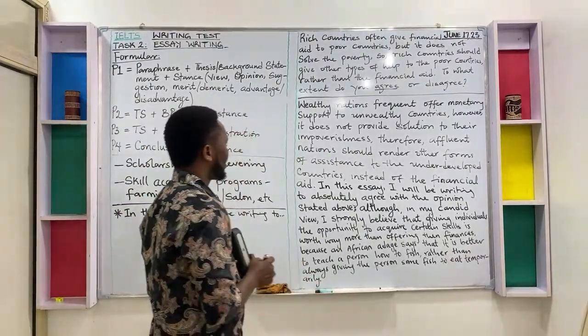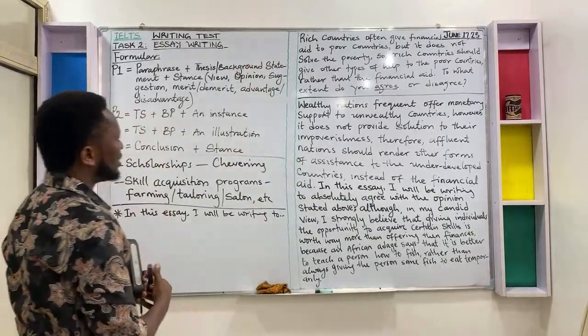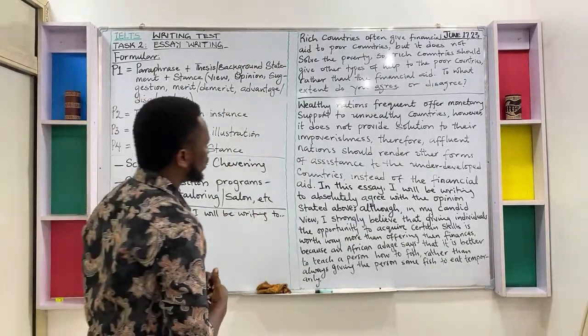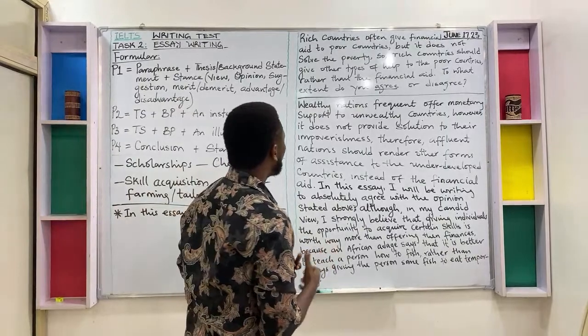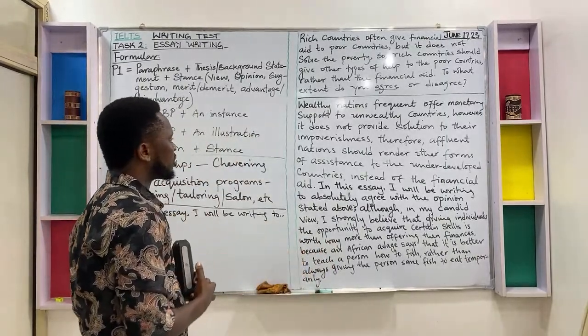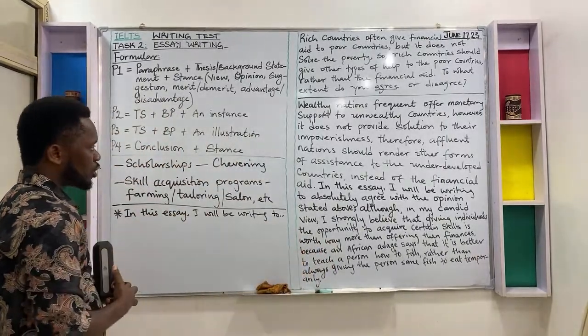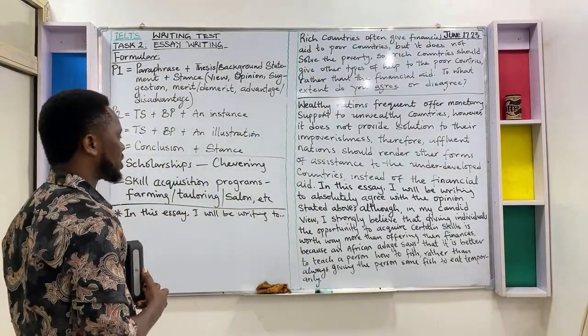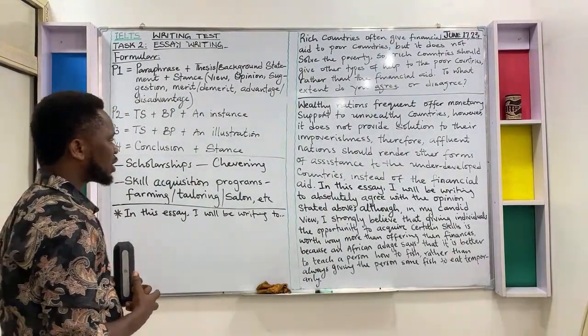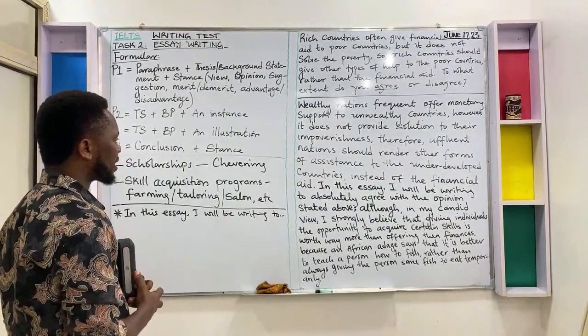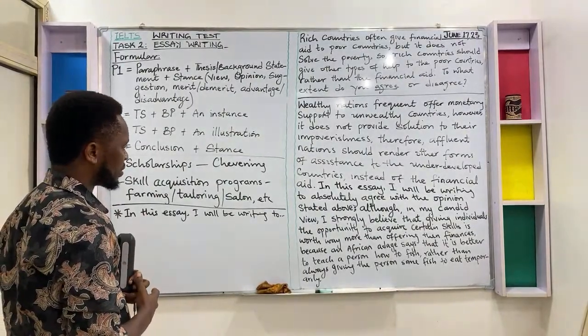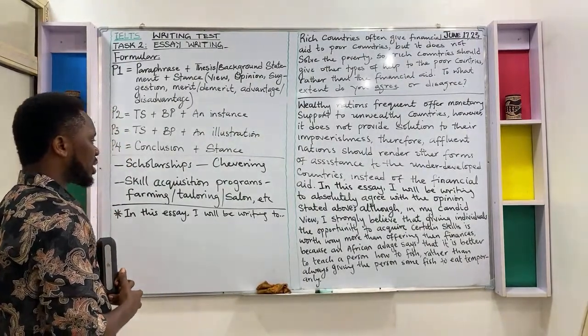So the question says that wealthy nations frequently offer monetary support to unwealthy countries. However, it does not provide solutions to their impoverishment. Therefore, affluent nations should render other forms of assistance to the underdeveloped countries instead of the financial aid.